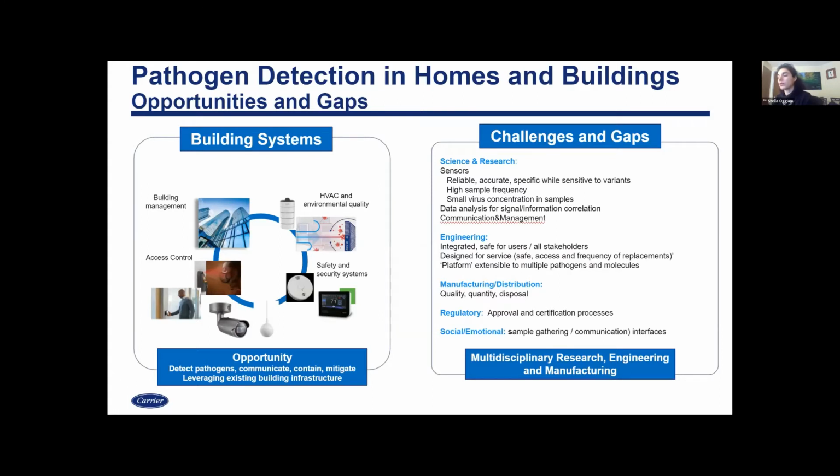And what I represent at Cabrera Corporation is on the building systems, including cruises, including homes, right? Once the virus, unfortunately, is installed in humans, how we can use buildings and building behaviors to detect, contain, and mitigate the virus spread.